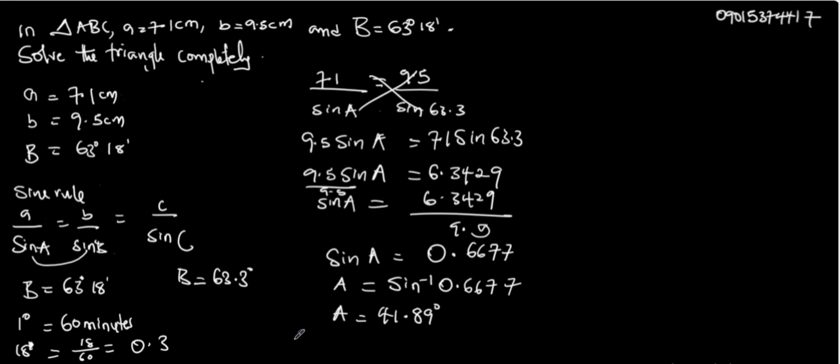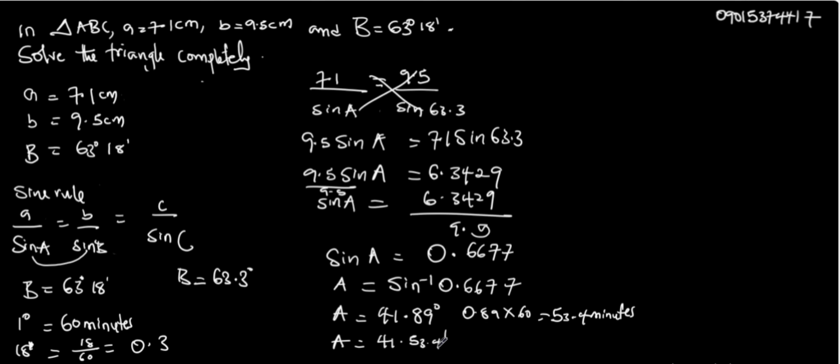Now, remember, our question was not given purely in degrees. It was given in degrees and minutes. So we need to convert 0.89 to minutes, which is 0.89 times 60, which is equal to 53.4 minutes, right? Which means our A is equal to 41 degrees 53.4 minutes.